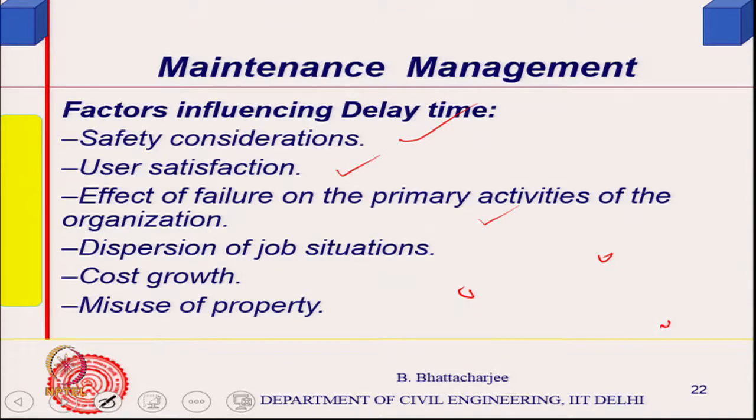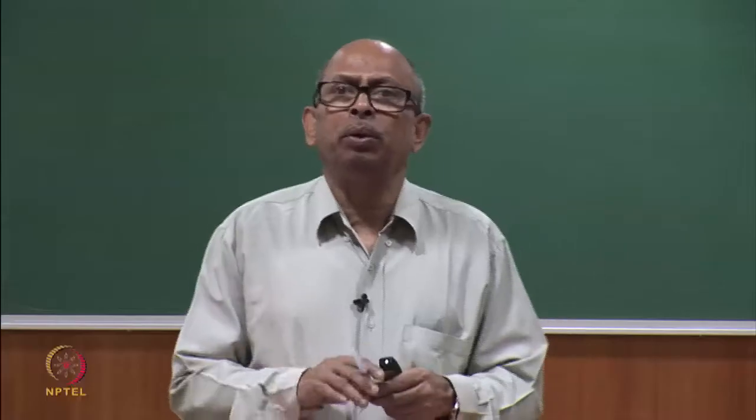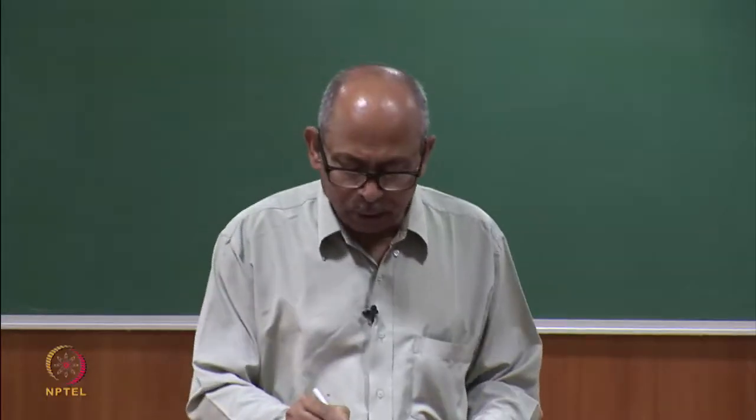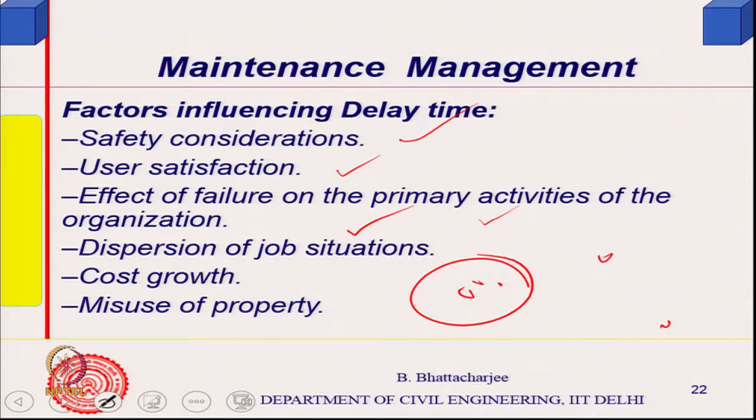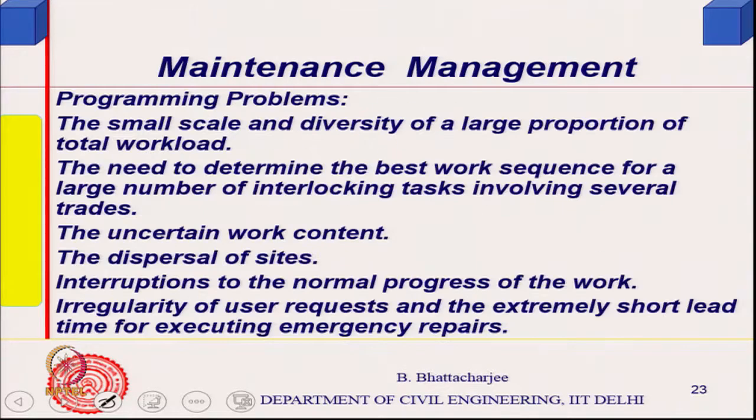I might decide I can delay this job, but I will do all of them together if there are more complaints from similar places, or if it is not a complaint, I might group the jobs together. So, dispersion of jobs is important. Then there is cost growth: sometimes if you do not do it, the cost of maintenance will increase, and of course sometimes misuse of property can also happen.